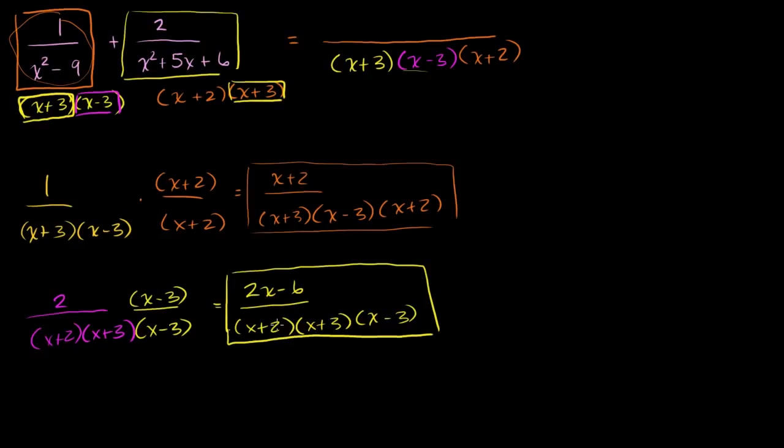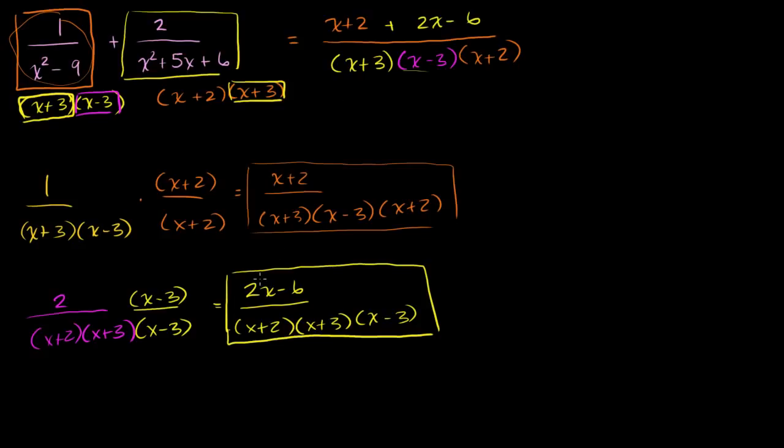So if we were to add these two expressions, they have the same denominator. I just switched the order that I'm multiplying, but they're the exact same denominator. For the first expression, we get our x plus 2 over all of this. And then to that, you're going to add 2x minus 6.